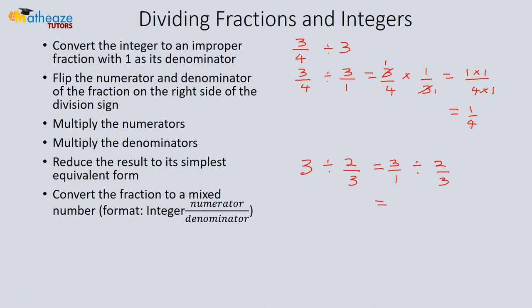So the next step is we now need to switch this to a multiplication sign, and then we're going to flip the right hand side. So that is 3 over 2. So this is going to give us 3 times 3, which is 9. 1 times 2 is 2. So 9 divided by 2, it goes 4 times. We have a remainder of 1, and then we're dividing by 2.